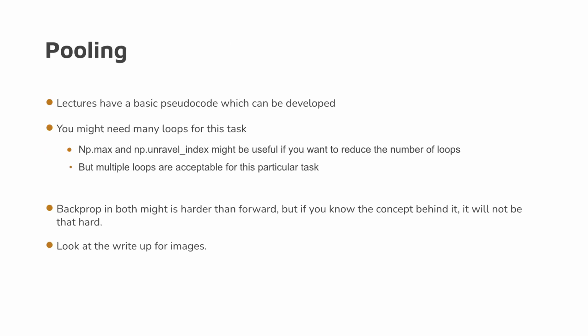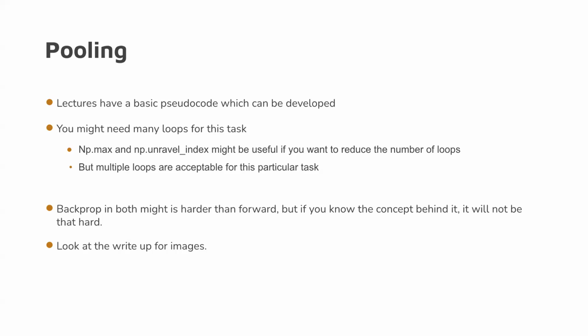And the next portion that we have is pooling. As you will come across in the lectures, we have some basic pseudocode which will help explain pooling, which is both mean pooling and max pooling. On the basis of this pseudocode, you can further develop the logic.